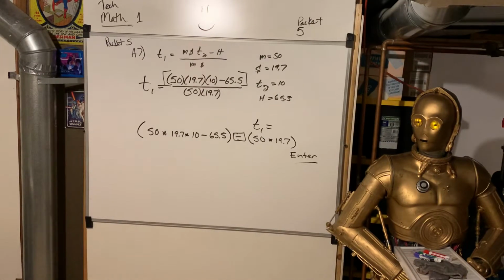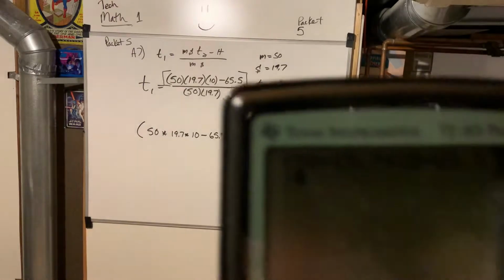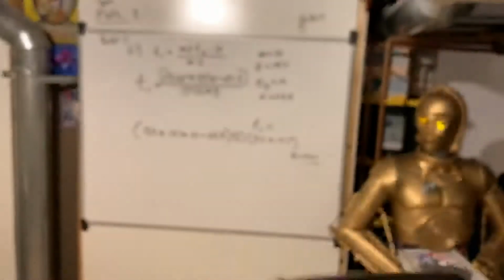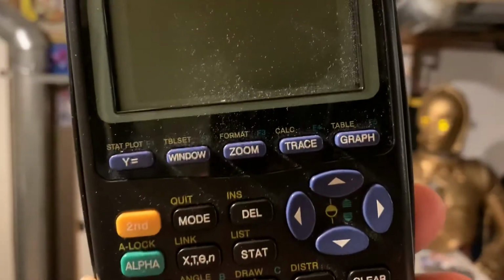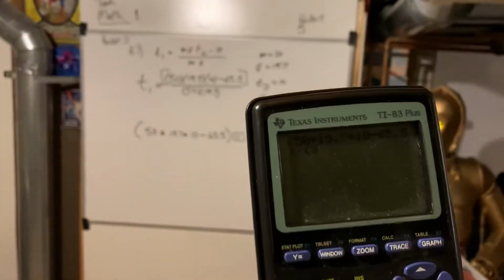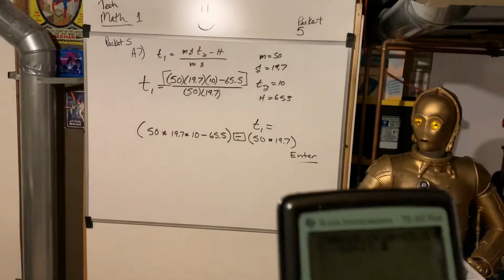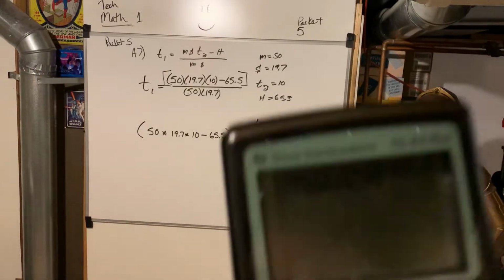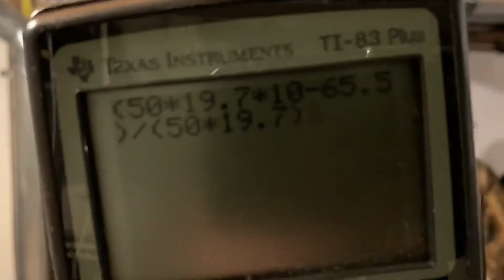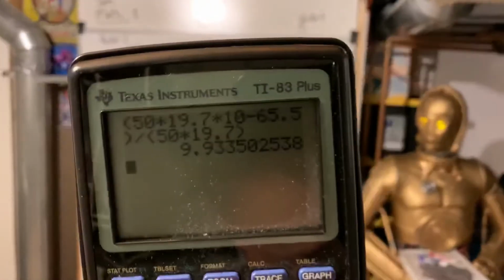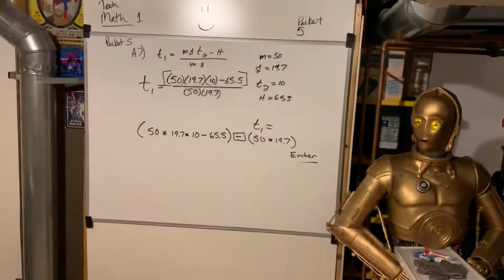Just so you know, if you got a calculator like mine, it continues on the next line, and that's fine. And then the divided by sign, and then 50 times 19.7 end parenthesis. So this is what we have on our readout, and then hit enter. And there we go. We get 9.9335.